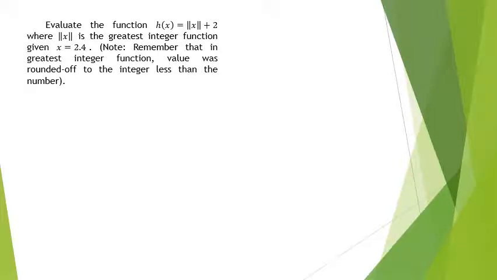Evaluate the function h of x. Yung greatest integer 'to, is equal to greatest integer x plus 2, where symbol na 'to is the greatest integer function, given x equals 2.4. Okay, nakanote. Remember that in greatest integer function, the value was rounded off to the integer less than the number.